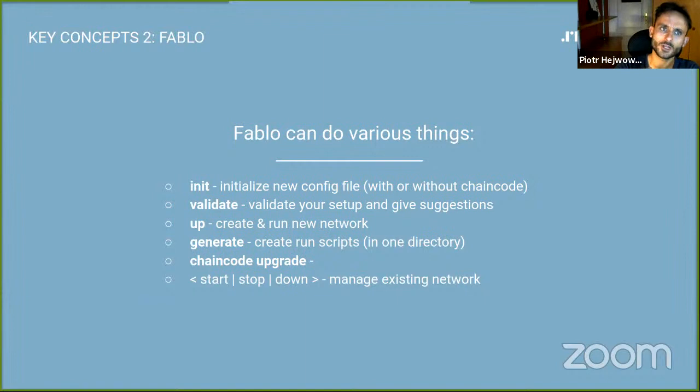For example, maybe you need the max message count for orderers increased to 5 or another default. So you can easily generate files, customized a little bit for yourself, and then use them. Also, when running the network, we have chaincode upgrade for upgrading and experimenting with the chaincode. And the usual ones like start, stop, down to manage the existing network.